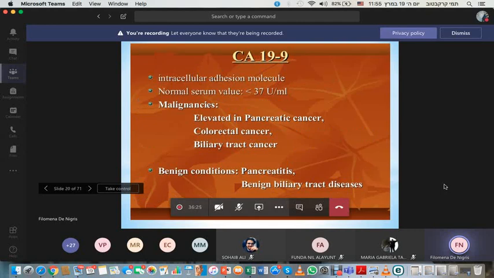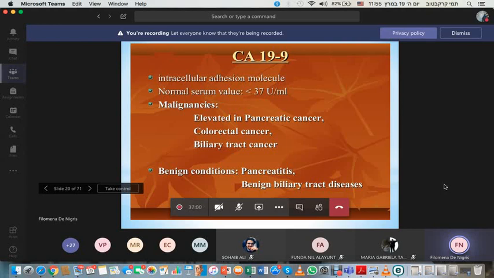CA19-9 is a marker of tumor cells. So these markers indicate that tumor cells are present in the body, and when we find CA19-9 in the blood, it means that tumor cells are spreading away, are released in the blood, because this marker is a marker of tumor cells.